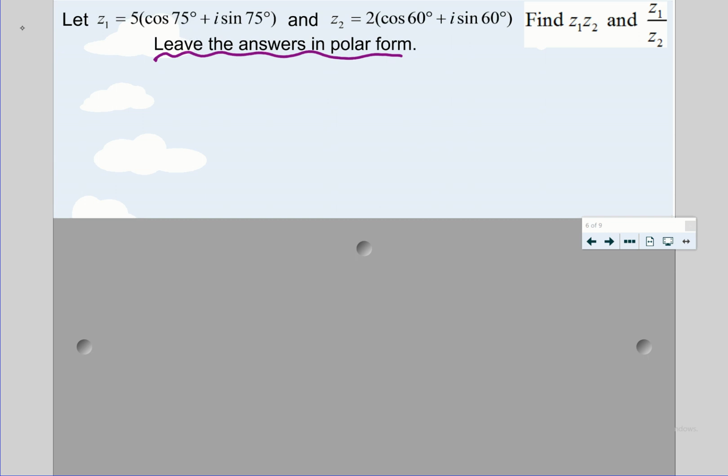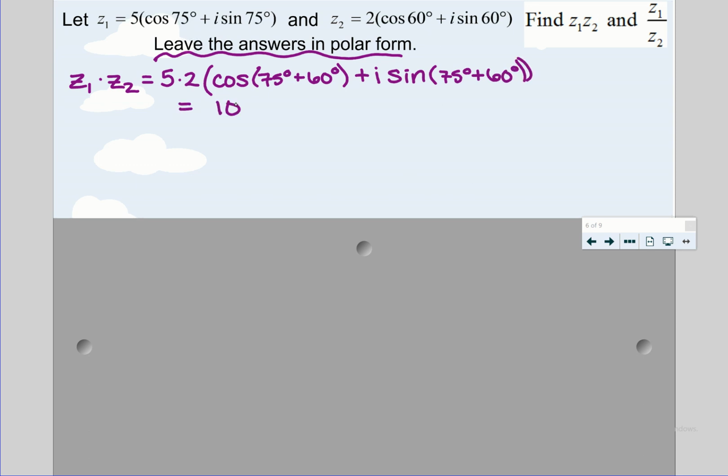Okay. So if I want to find Z1 times Z2, the first thing I have to do is multiply the respective magnitudes, multiply the r values, which are just 5 times 2 here. Then cosine, and to get this angle, we're going to add the two angles together: 75 plus 60, plus i sine, that same thing, 75 plus 60.